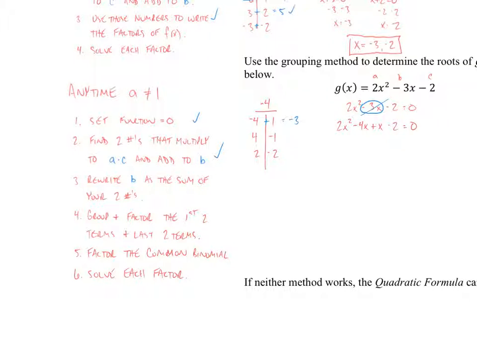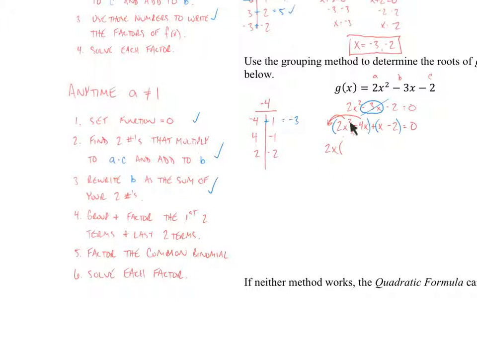So now that I've done that, I'm going to group and factor the first two terms, so that's those, and the last two terms, that's these. It's a subtraction sign. So I've grouped them, and now I'm going to factor them. What can I pull out of here? I think I could pull a 2 and an x, right?